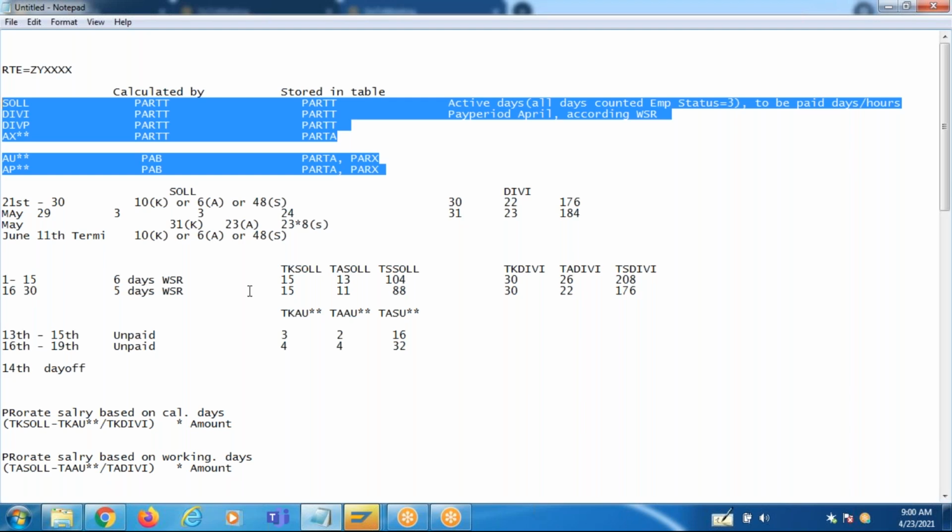So either DAVA or DAVP. Only these two are used in the rates calculation. Remember that.